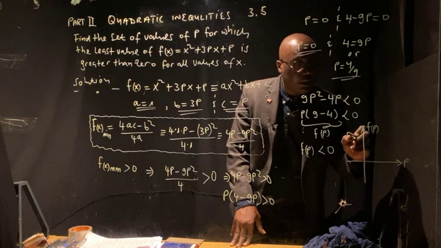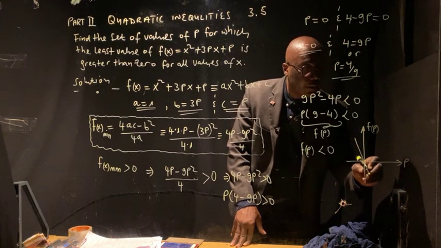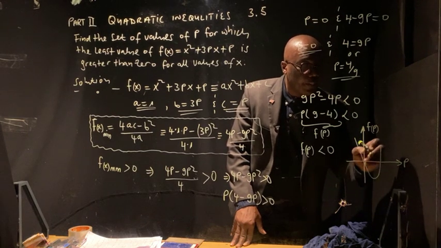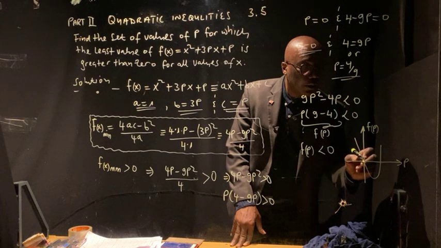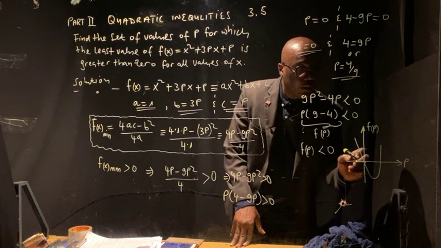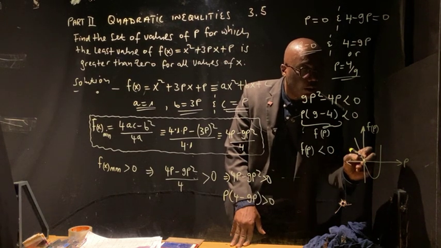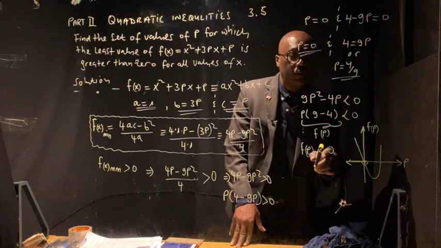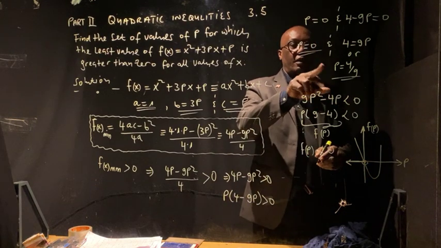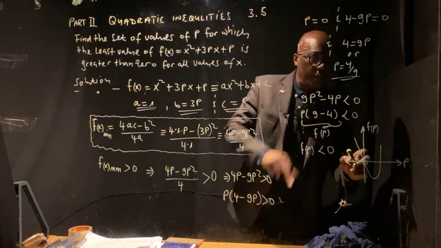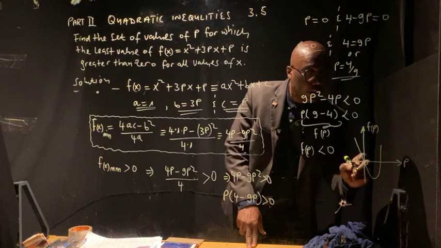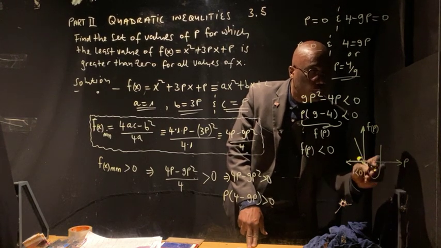So, the graph will look like this. And from here going is what we have, p is less than 0.